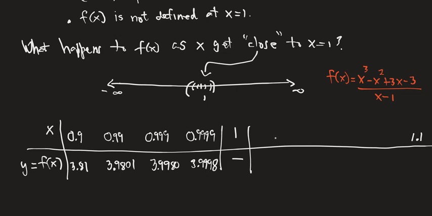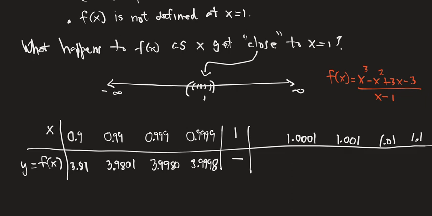I can make sure that they're always bigger than 1, so they're always going to be on the right-hand side here, but I can make them progressively smaller by doing something like 1.01 and then 1.001 and then 1.0001. And again, I could get even closer, but let's keep the table nice and balanced. I have 4 on this side, I'll have 4 on this side.